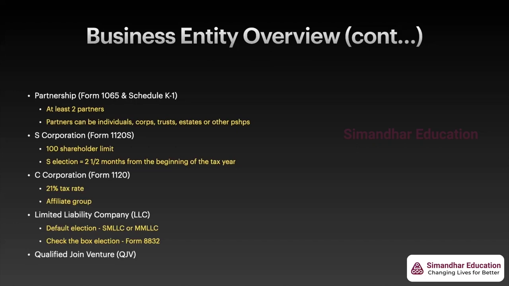So just to give you guys an example, if a C corp earns say about 500,000 in profit, let's look at that in Excel.